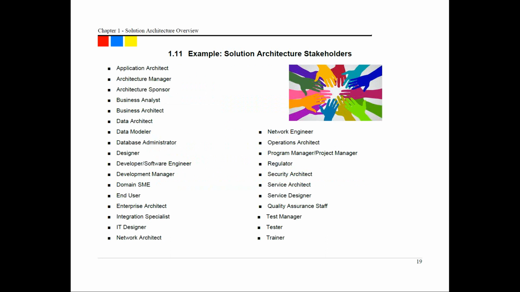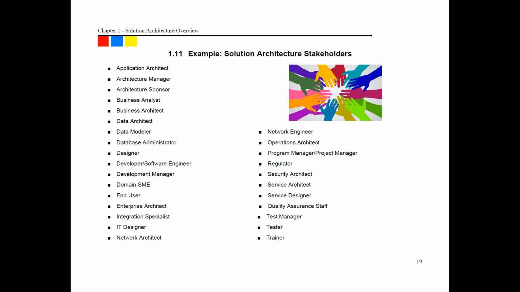So solution architecture, you'll find, has all kinds of shareholders or stakeholders. Everybody is interested in some aspect of the solution. Stakeholders are an important thing. Stakeholders need to be able to look at an architecture and figure out, well, some of them need to have architectural outputs to do their jobs, to carry on with their designs or whatever.